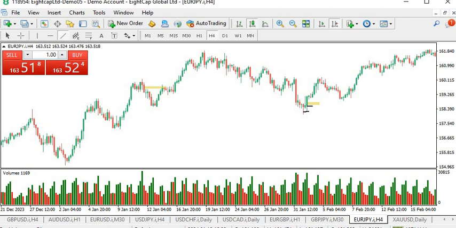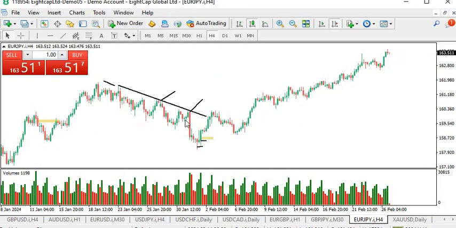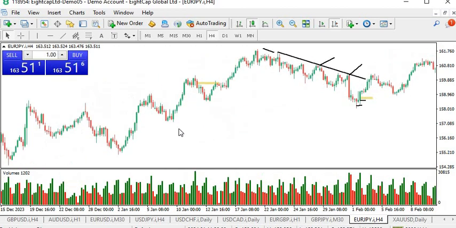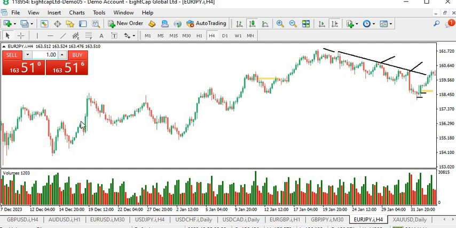That was an example of an uptrend. Let me show it here. This one is the first touch, this one is the second touch, and this one is the third one. This is just exemplary to show you how to draw it.